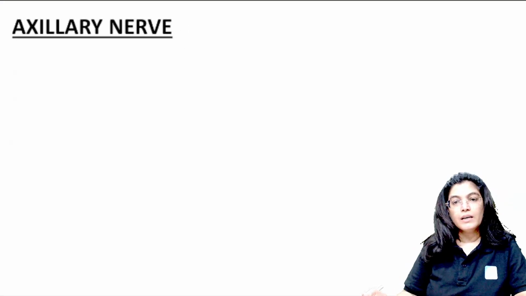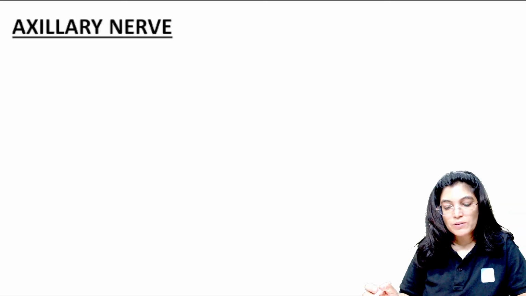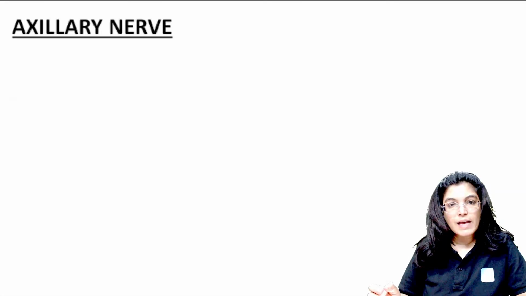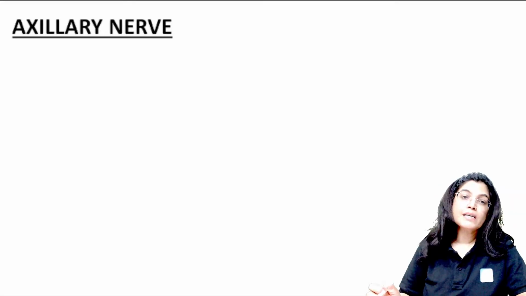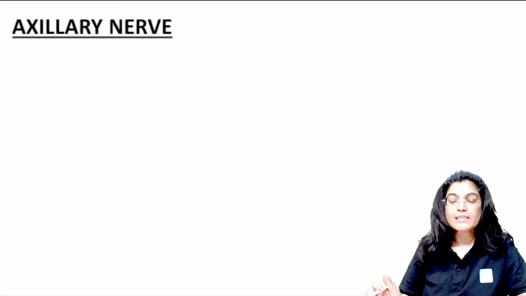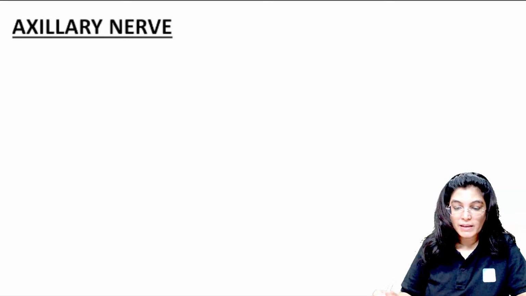In the scapular and back region, it is important that you know about the axillary nerve. I think you already know that the axillary nerve has the root value C5 and C6. It is a branch of the posterior cord of the brachial plexus.